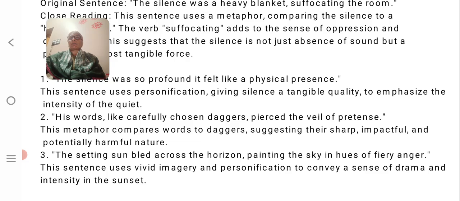Close reading examines the language, structure, and details of a text to understand its meaning, while critical reading questions the author's assumptions, biases, and logic. Both are important for a thorough analysis of any text. Close reading is like taking the text apart to see how it works, while critical reading is like stepping back to evaluate its overall impact and validity.